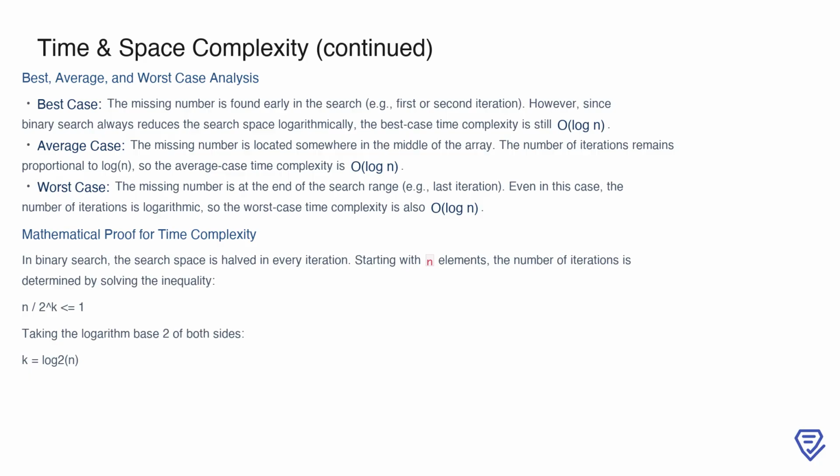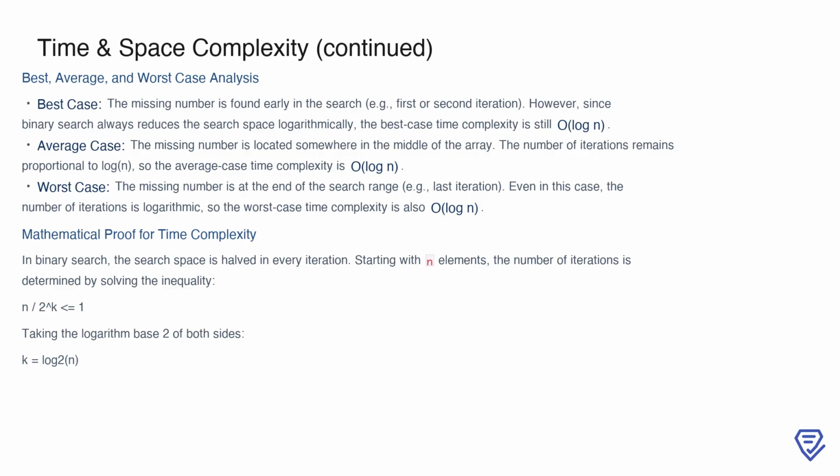Here too, the number of iterations required is proportional to log n, so the average case time complexity is O(log n). Finally, in the worst case, the missing number is found at the end of the search process, meaning we perform the maximum number of iterations. However, since binary search always operates logarithmically, the worst case time complexity is still O(log n).